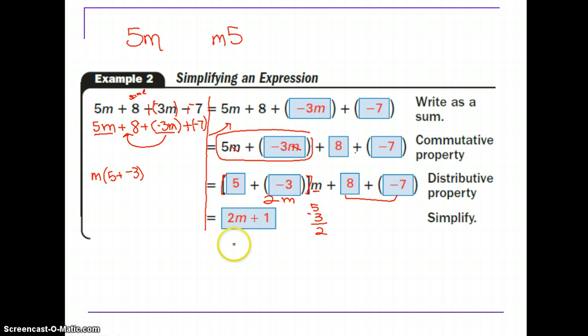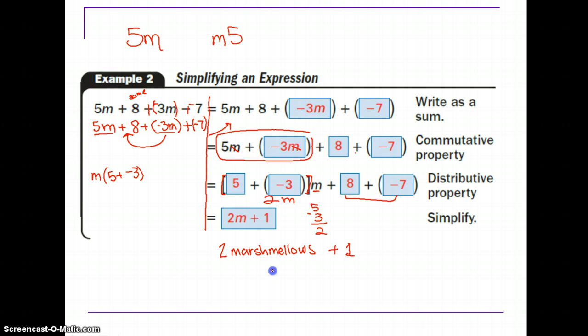If you're not sure why you can't just add those together, think about this. If this meant 2 marshmallows, okay, so I have 2 marshmallows, and I add to that one stick, one line, one stick, whatever you want to think of it.